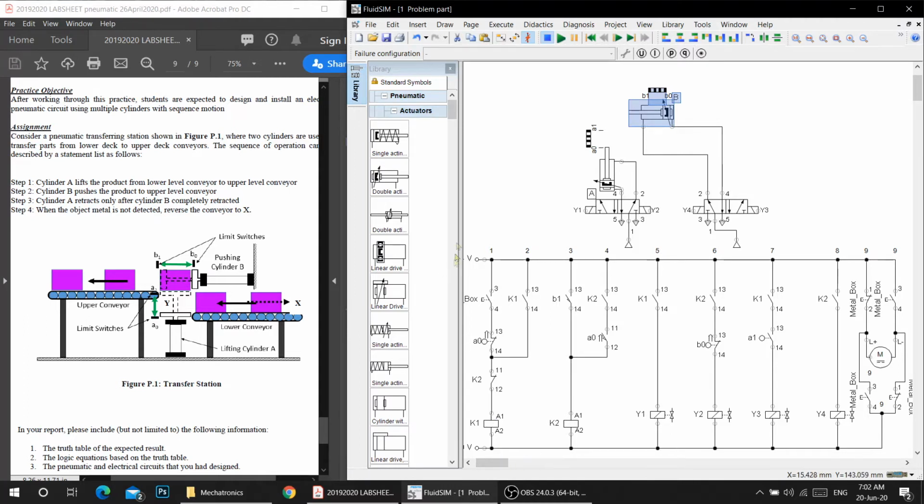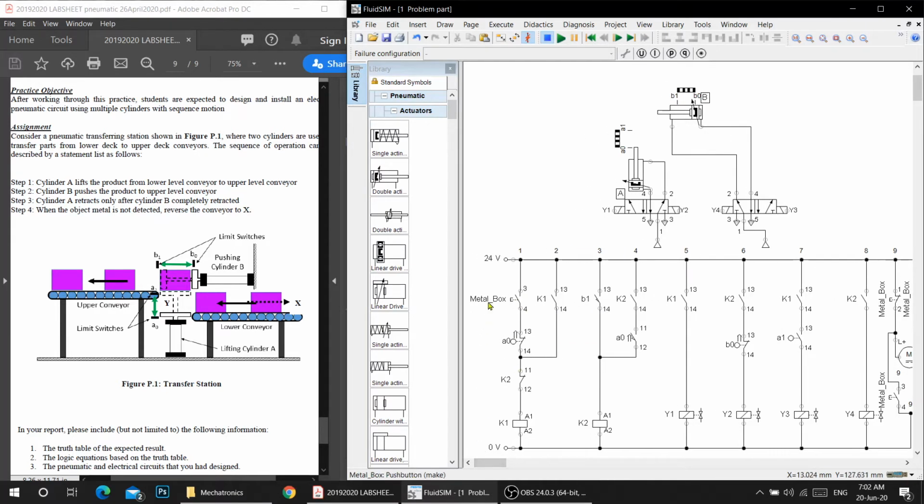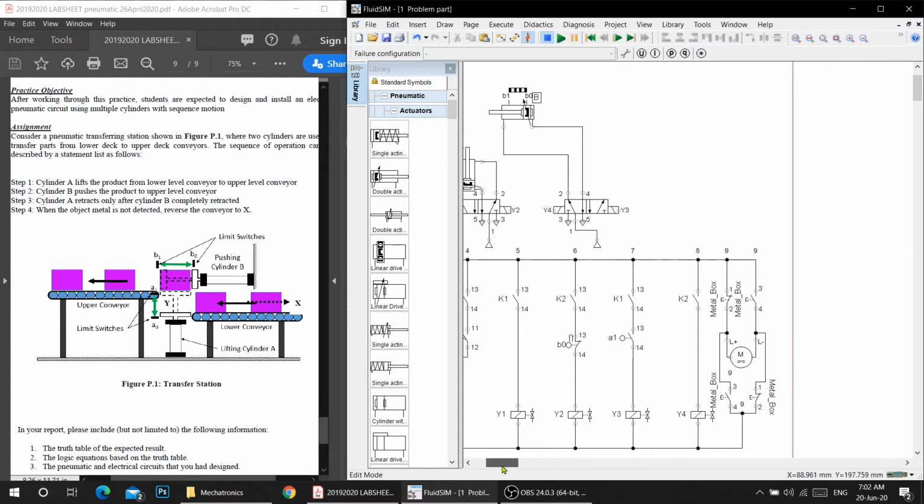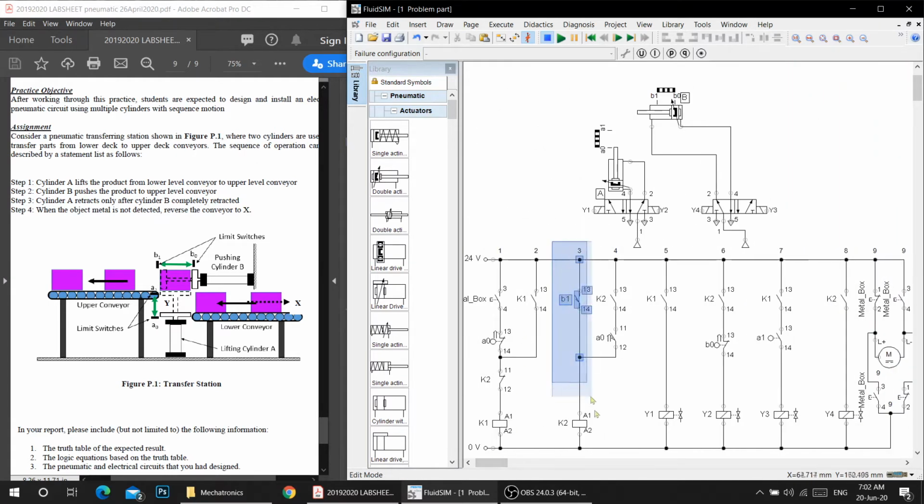Okay, so let me briefly explain about this diagram. This part right here is basically the first latch that holds the input K1, which is triggered by the input metal box. And this over here is the second latch that holds the input K2.